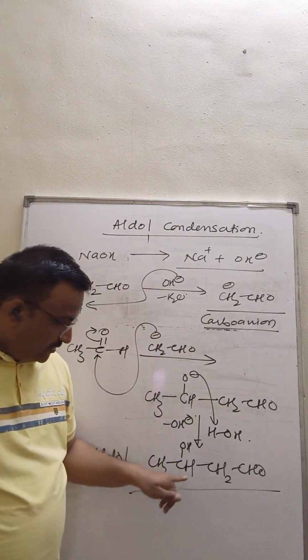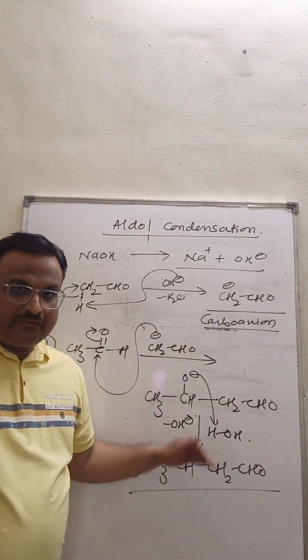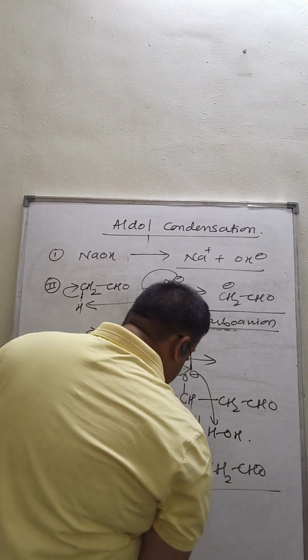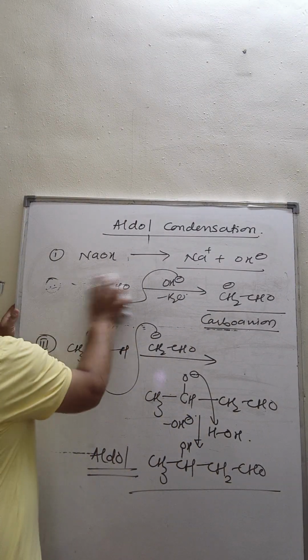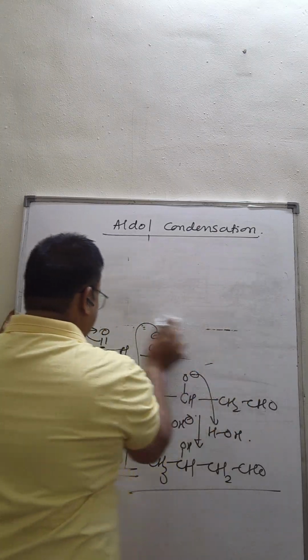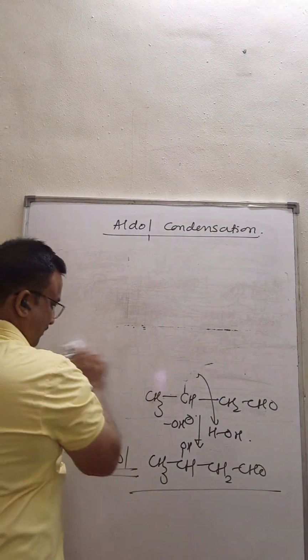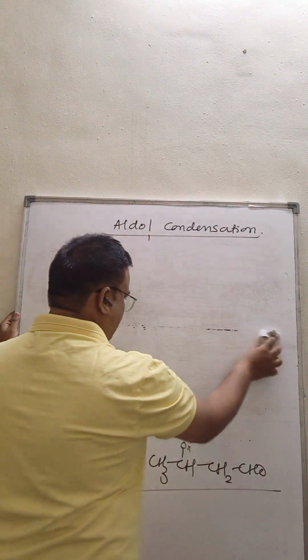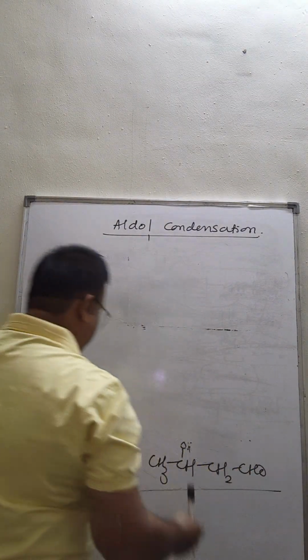Because this aldol molecule further undergoes elimination. Now let's see what could be the next move. The next step is the elimination of H2O from this aldol molecule in order to attain a stable molecule.